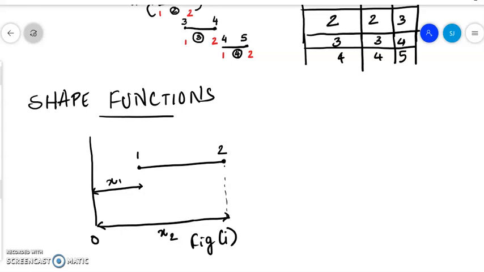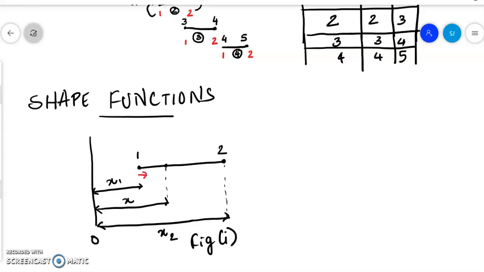So these are the nodes 1 and 2. We have to find out the displacement somewhere in the middle, at some point here. That point is at a distance of x from the baseline.